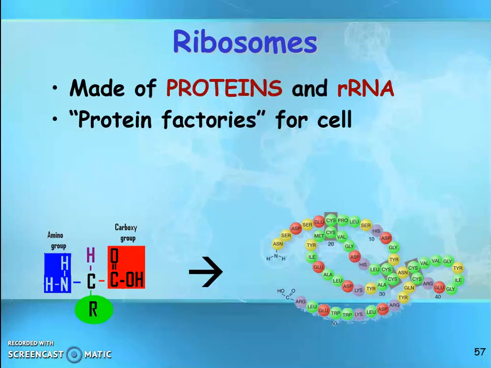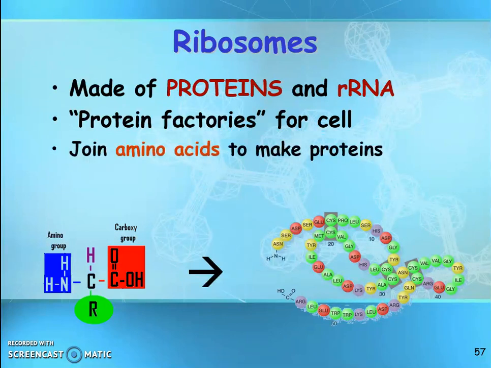Ribosomes are made up of proteins and RNA, ribosomal RNA. They are also called the protein factories of the cell because they produce proteins. And they join amino acids.